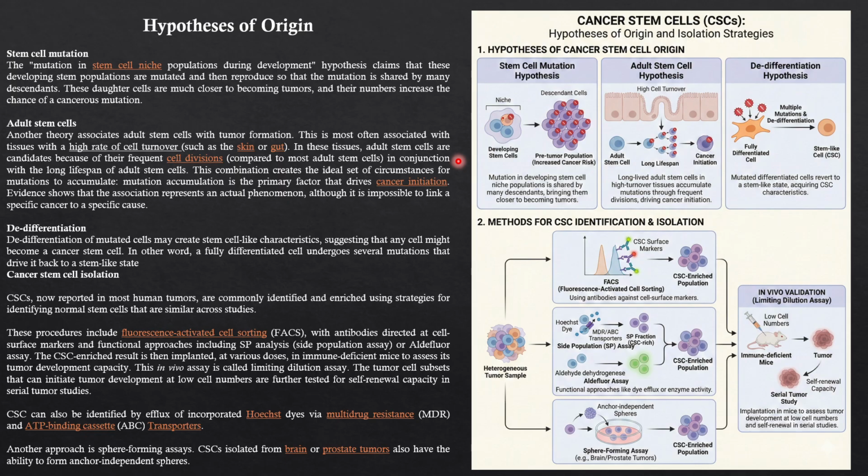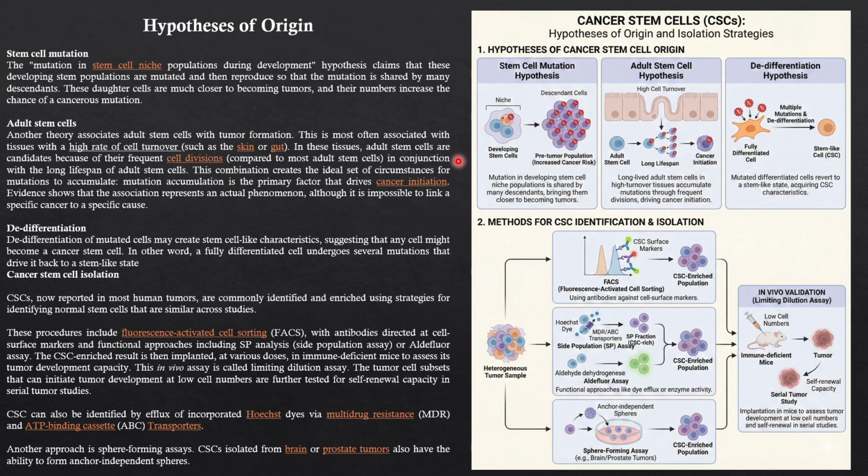The adult stem cell hypothesis suggests that long-lived stem cells accumulate mutations over time due to frequent divisions. The de-differentiation hypothesis proposes that mature cells revert to a stem-like state after acquiring mutations.